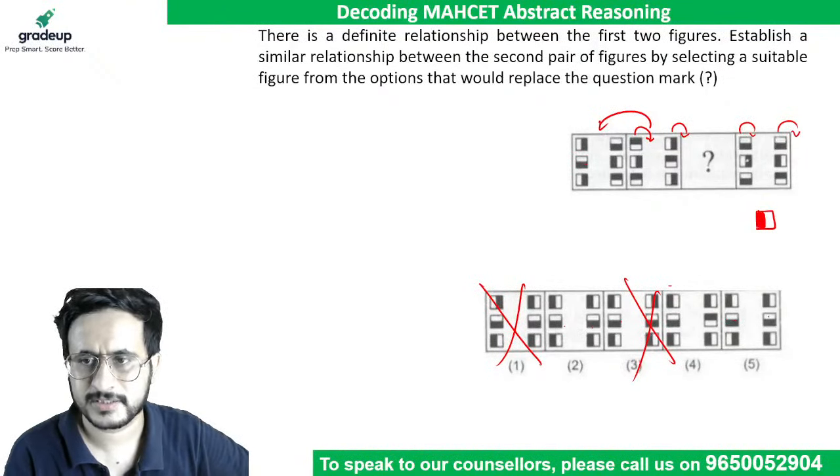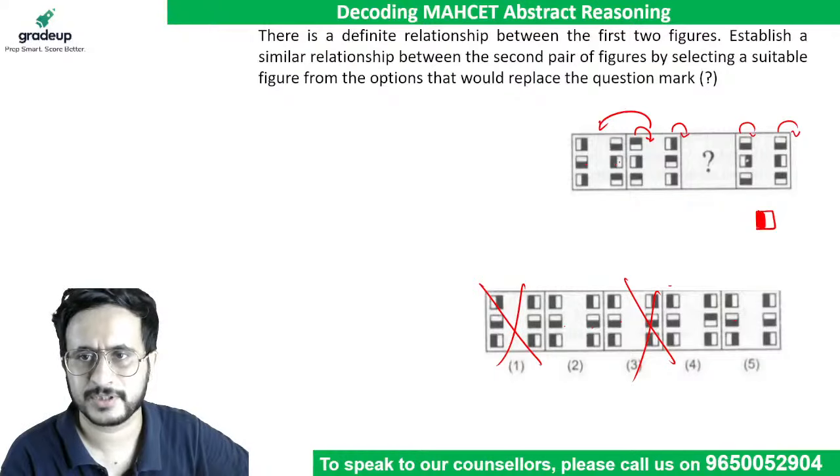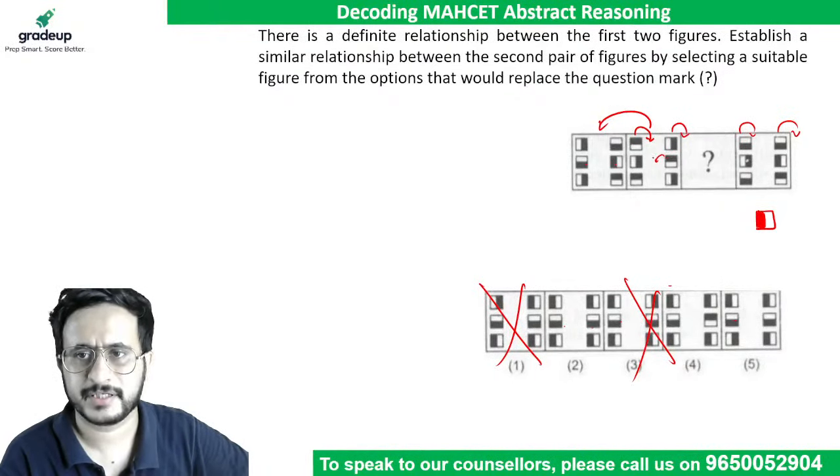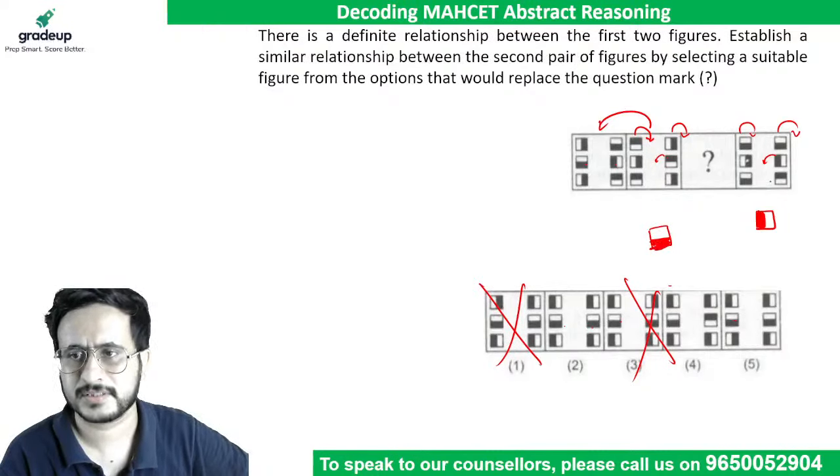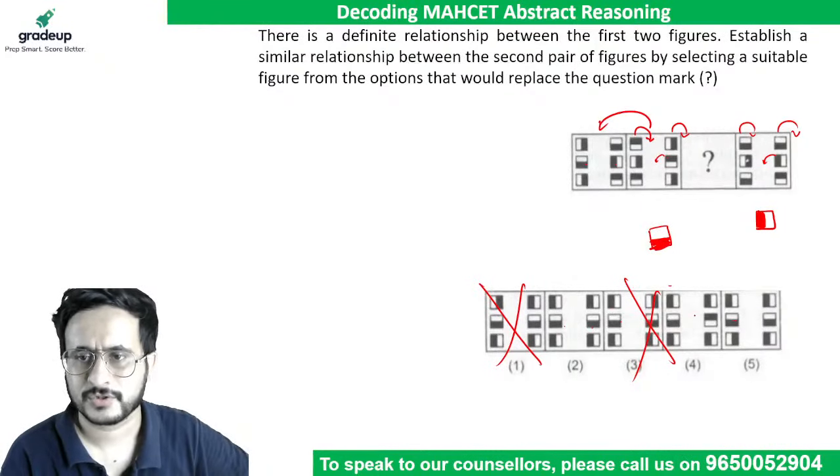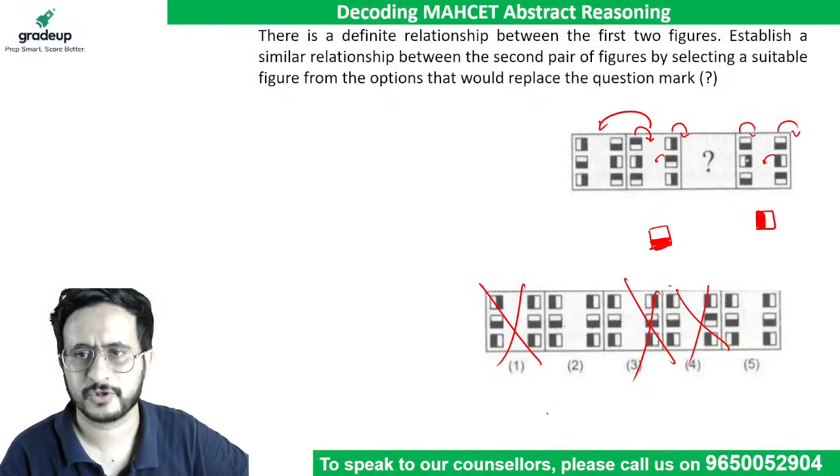This is different, so let us check what is happening to this. So this got rotated like this. When it gets rotated, this becomes shaded and unshaded. So we will rotate this element like this. We will get this thing like this. So this will eliminate option 4 also.